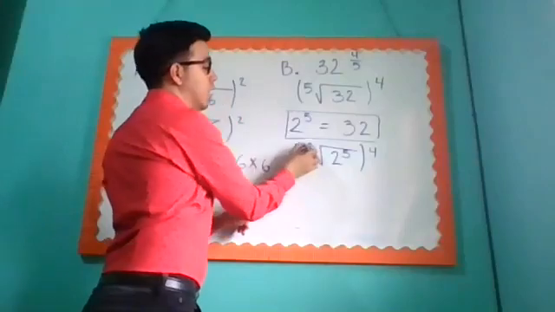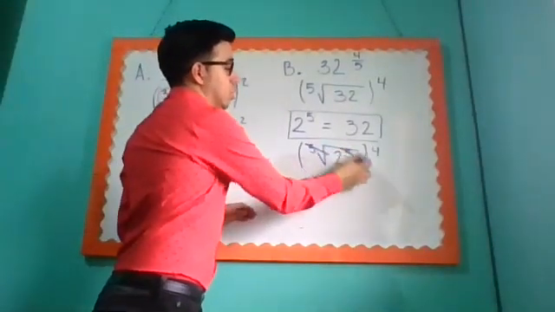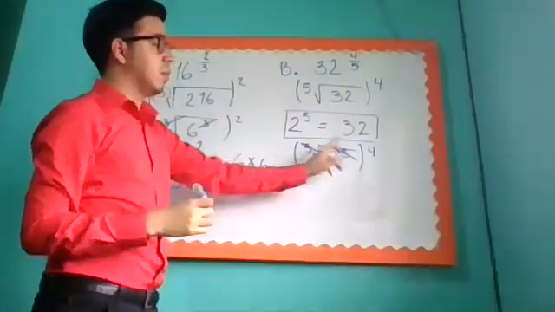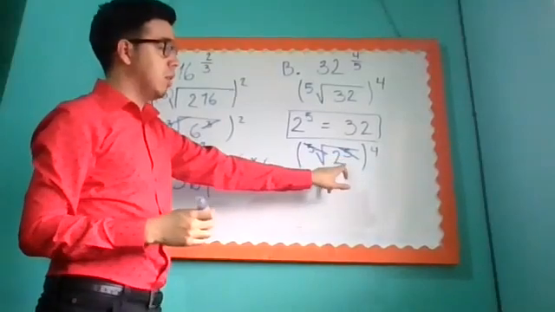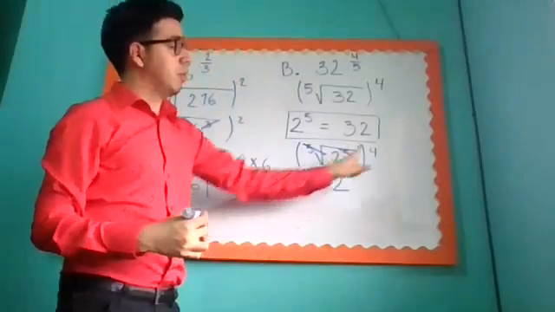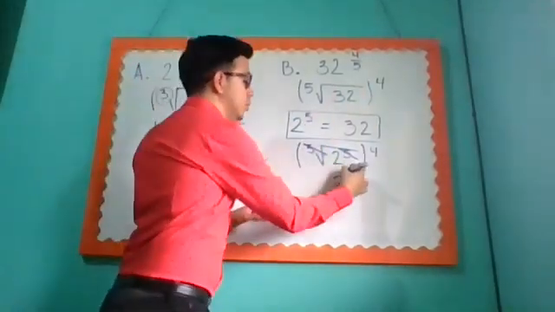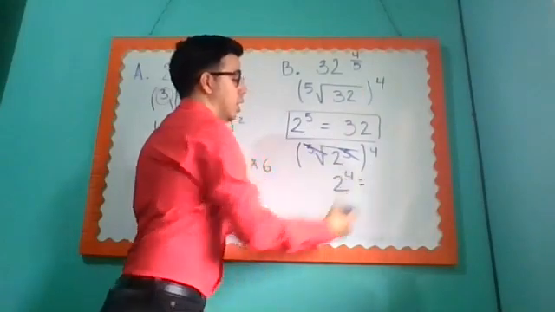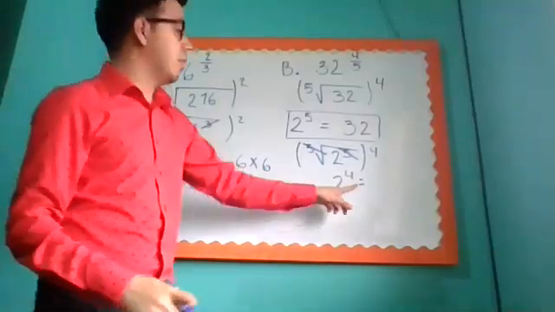So you can take away the fifth root with the exponent 5, okay? Then you only obtain the number 2, okay? But the exponent 4 that you have outside the parentheses, you write it, okay? And then what is the result for 2 to the power of 4?